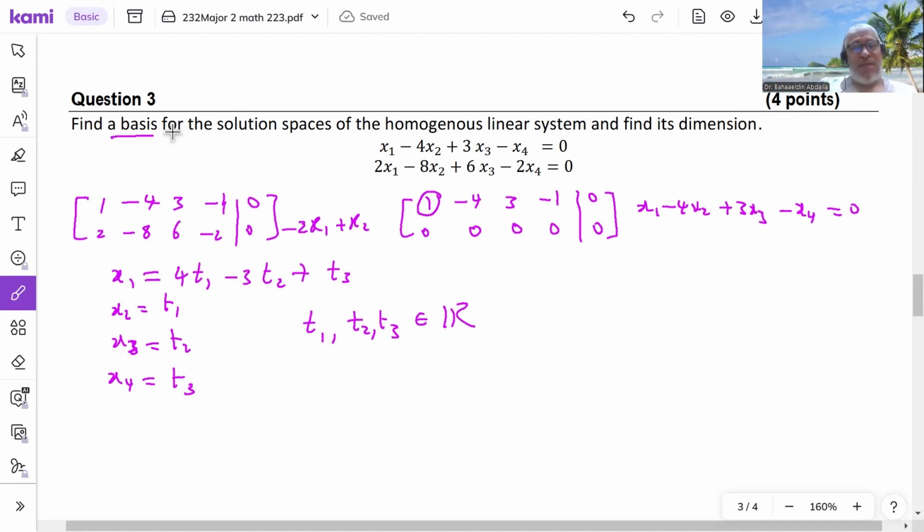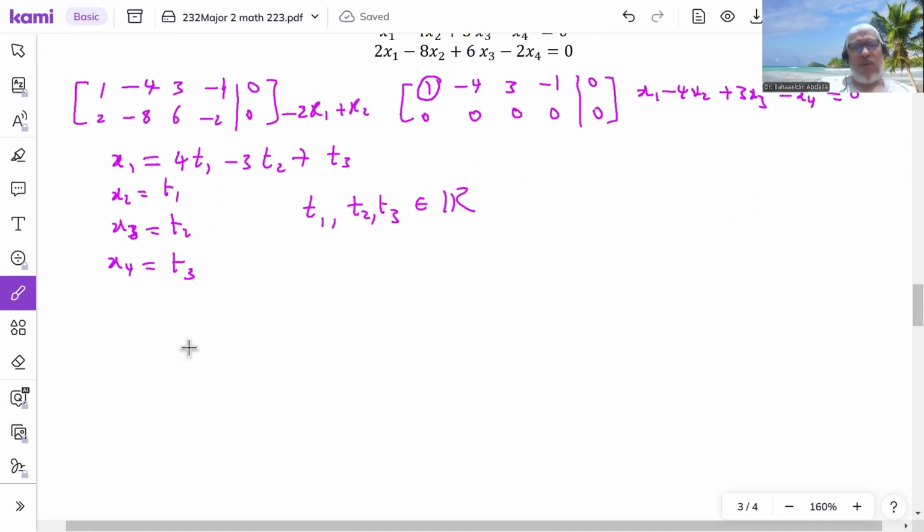He needs a basis for the solution space. There is a theorem that says if there are infinitely many solutions like this to a homogeneous system, it's a subspace. So we call it the solution space. How to find bases?